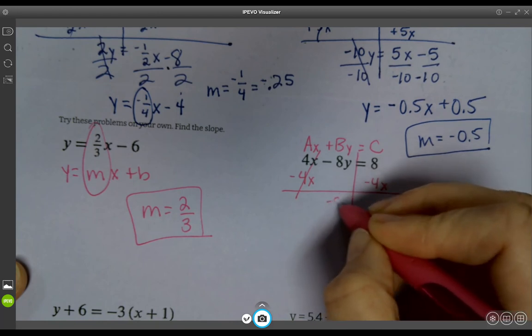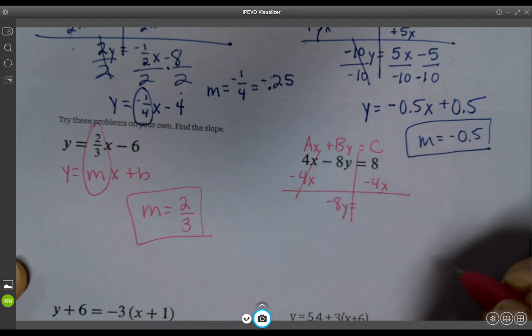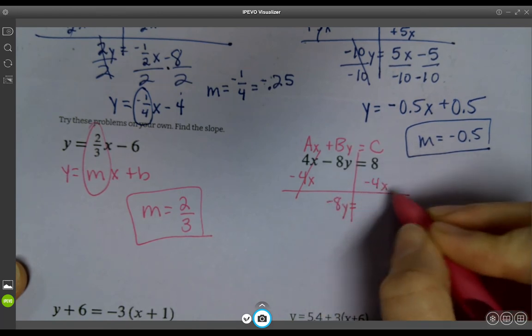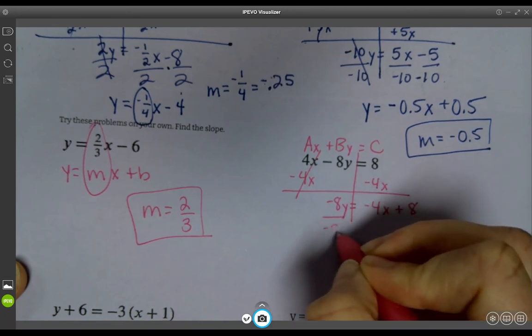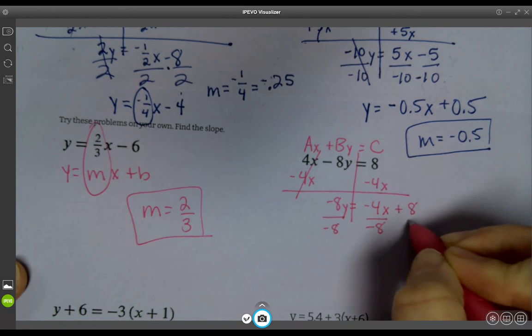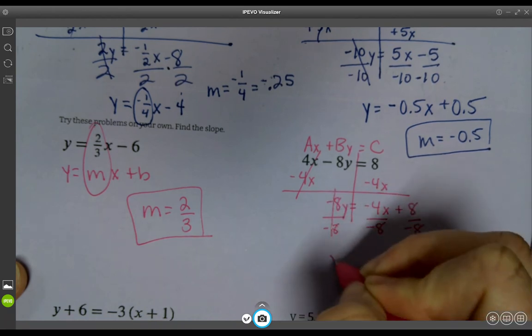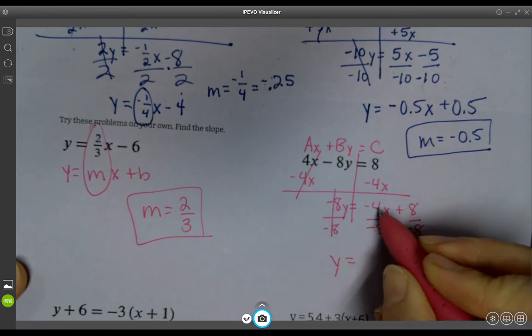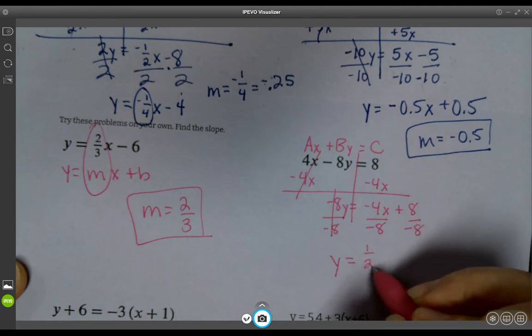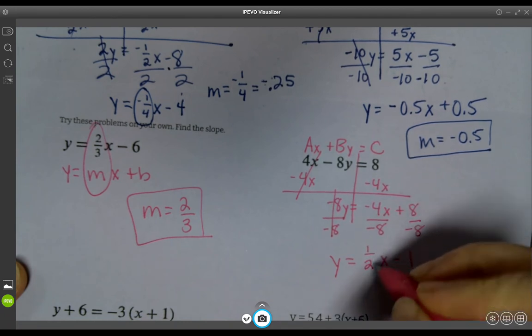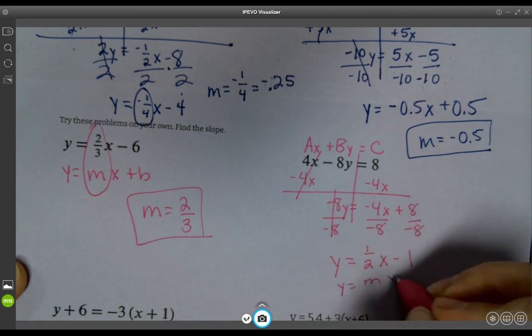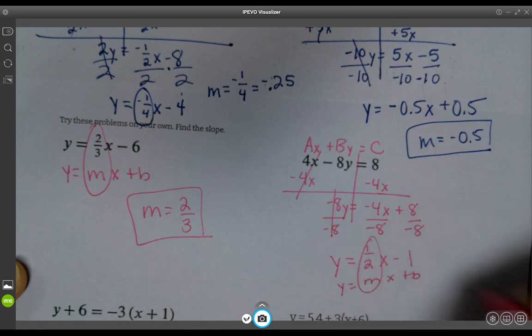Remember, you cannot combine an x with a non-x. We are going to keep these separated. Divide by negative 8 is our final step. So y equals negative 4 over negative 8 gives us half. 8 over negative 8 gives us negative 1. So our slope is 1/2.